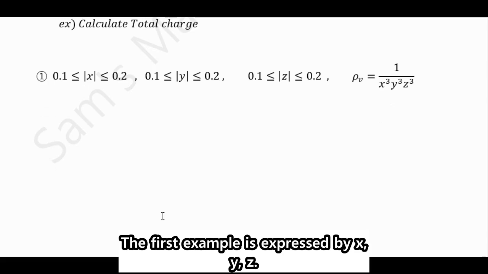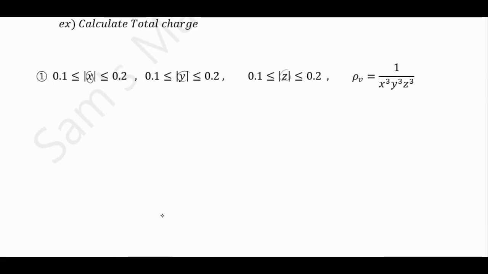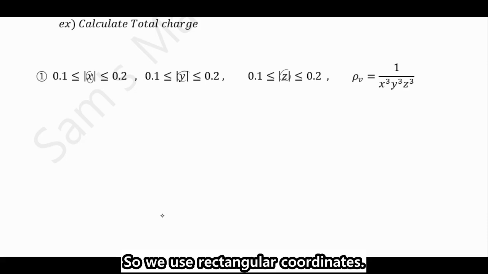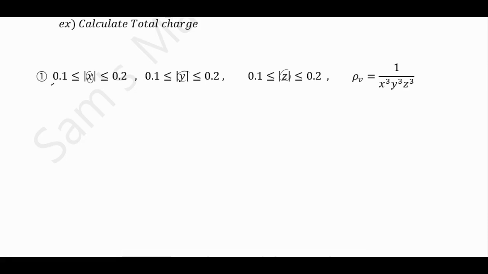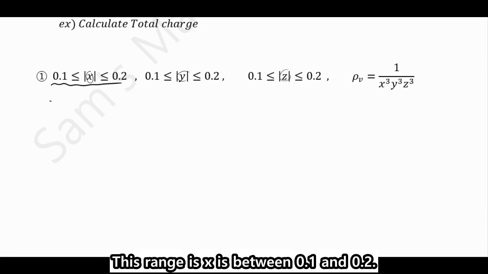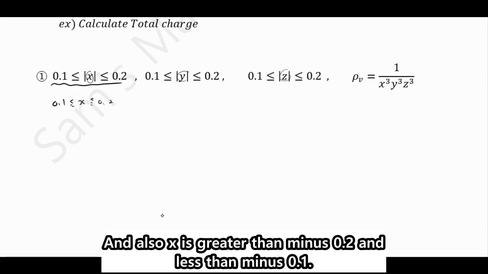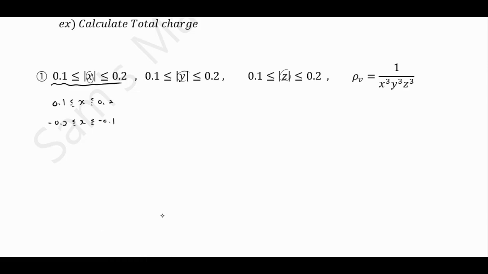The first example is expressed by x, y, z, so we use rectangular coordinates. The range of x is between 0.1 and 0.2, and also greater than minus 0.2 and less than minus 0.1.